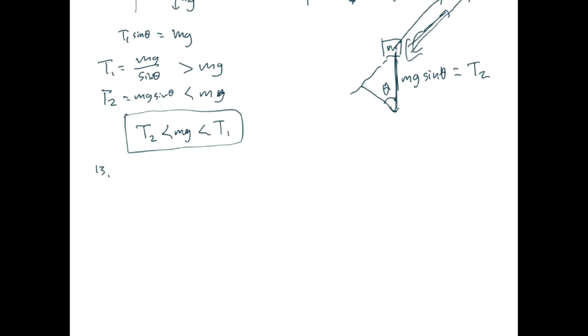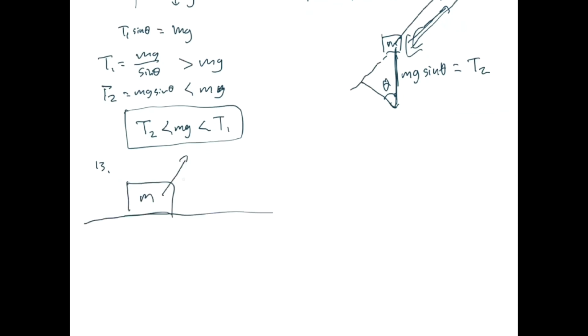So what happens is we're pulling it along with some force F, and we continuously increase the force. So it starts out with no force and then it increases slowly and slowly until either the box lifts off the floor or it starts sliding.